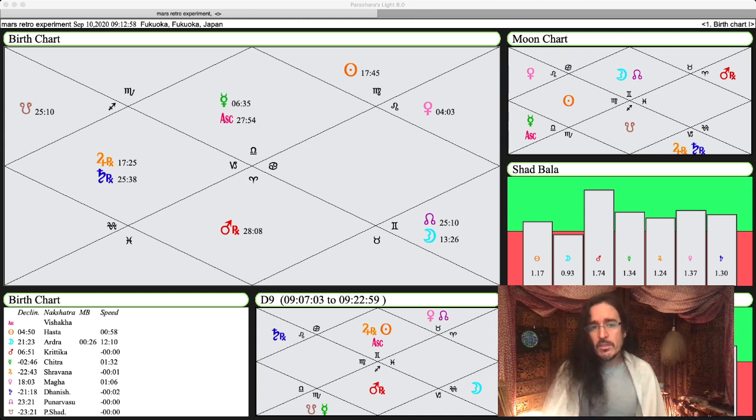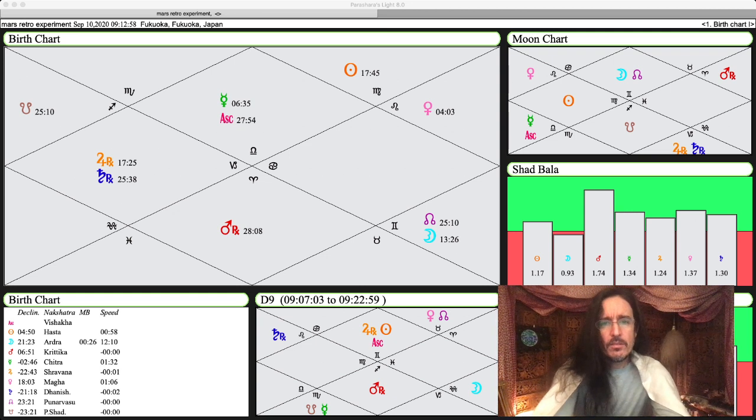Stations are the most important part of the retrogression and direct movement cycle for your interpretation. So let's make a note of that. Mars retrogression will be on September 10th, 2020.